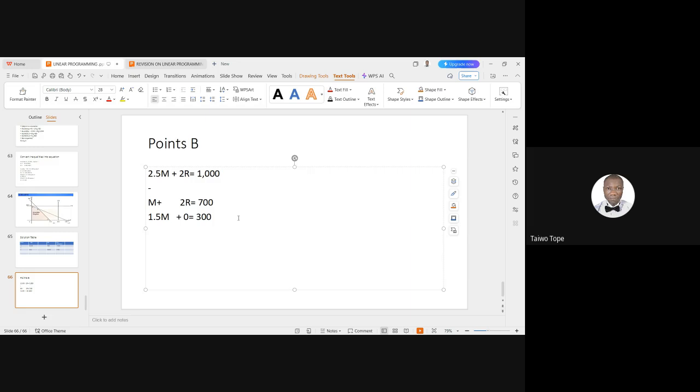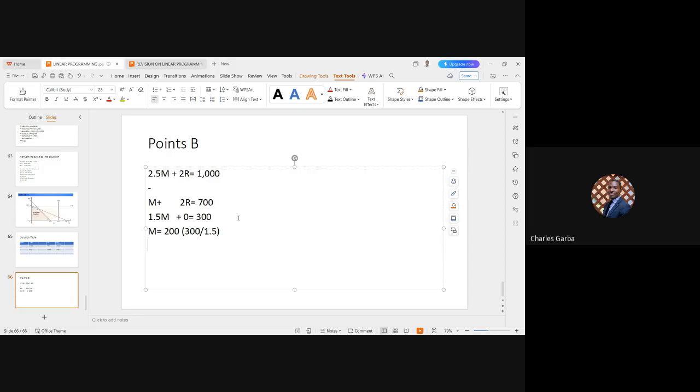So M will be equal to 300 over 1.5, which is 200.